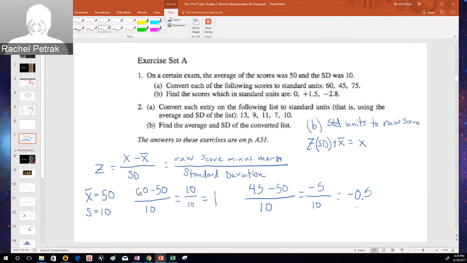So we can easily find the raw score for a standard unit of 0. If you've got, for these data, a z-score of 0, what's the corresponding raw score?